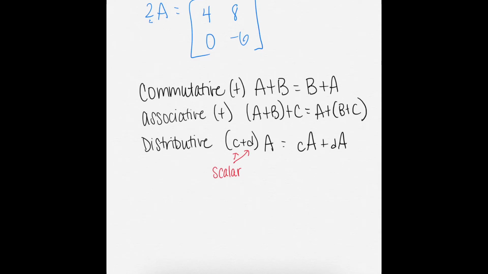Another form of the distributive would be, let's say I had little c, again a scalar, times A plus B. Well, I could also distribute that and say c times A plus little c times B, trying to make those lowercase letters real obvious.